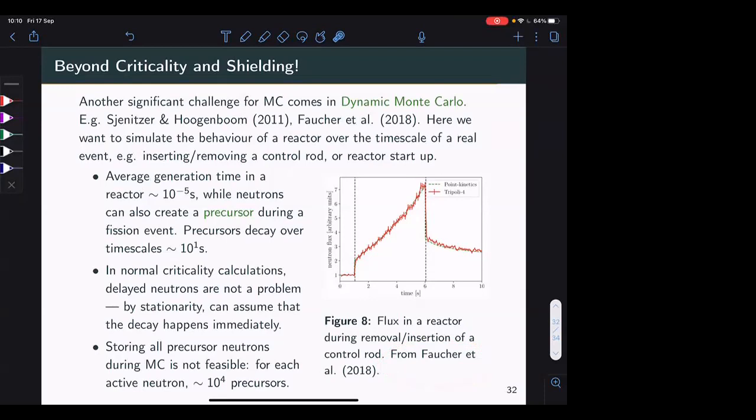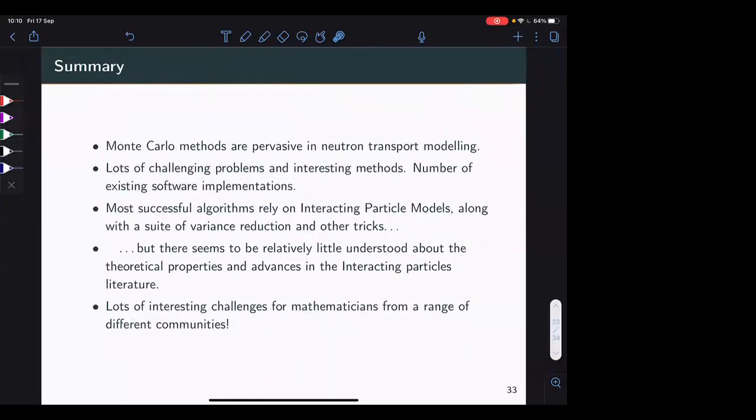So if you're trying to do Monte Carlo and just storing all your precursors in some state waiting to become active, you have many, many more particles to store than the ones you're going to simulate. You just cannot store all of them and wait for them to decay, so you have to come up with clever ways of handling that. I've gone over a bit, but that's what I want to get to.